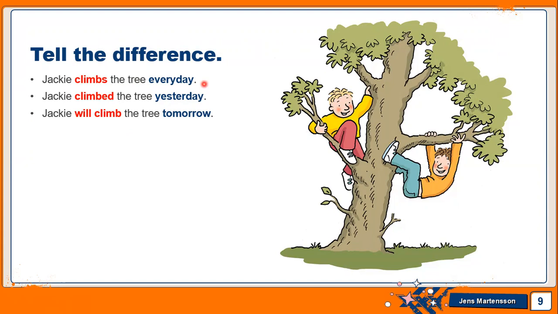So this is an action that's happening in the present. Jackie climbed the tree yesterday. This is an action that took place before now, so in the past. And Jackie will climb the tree tomorrow, so after now, in the future. So this is the difference, the time of these actions, and we call this the tense.